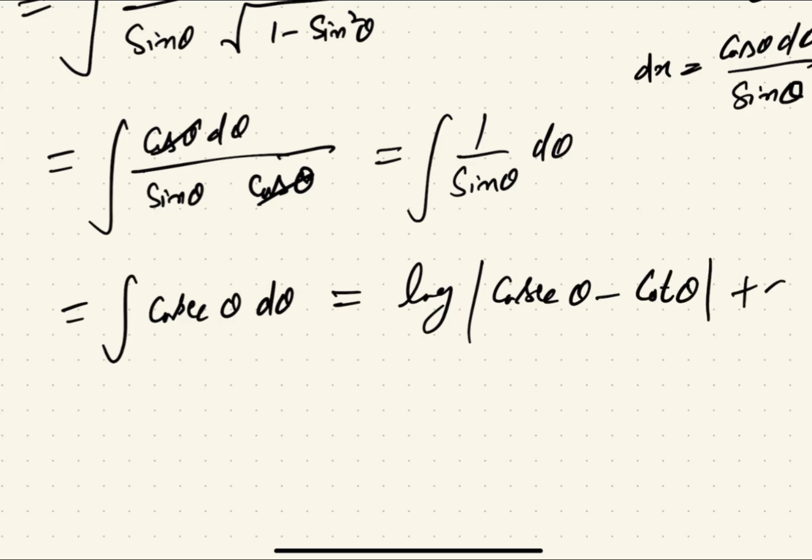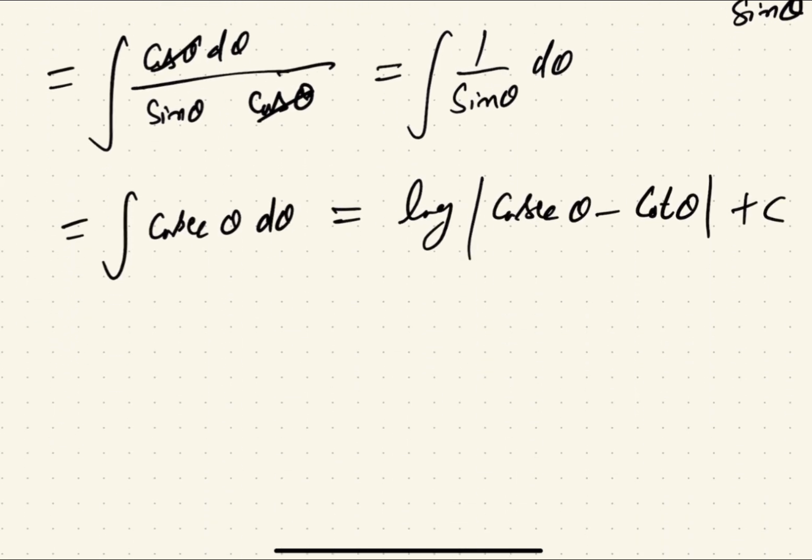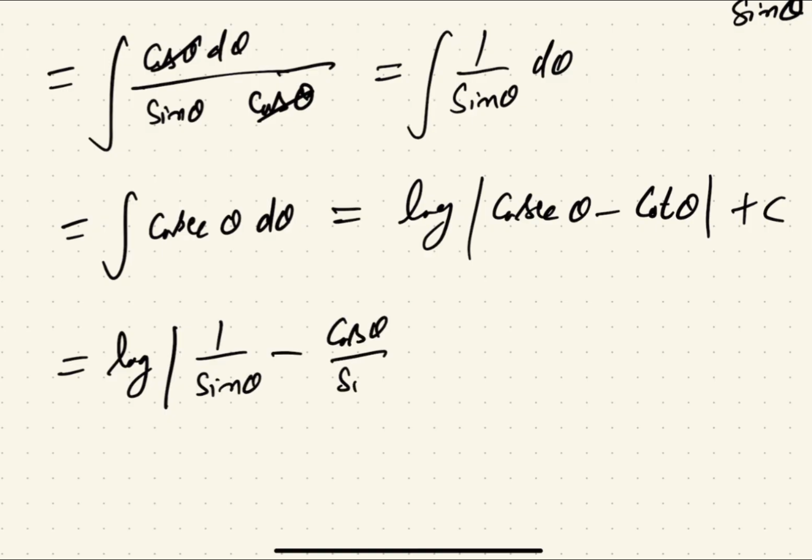You have to replace this with e power, right? I need sine everywhere, then I can do it. This equals log of cosecant, that will be 1 over sine, good, I got the sine, minus cosine theta over sine theta, plus c.